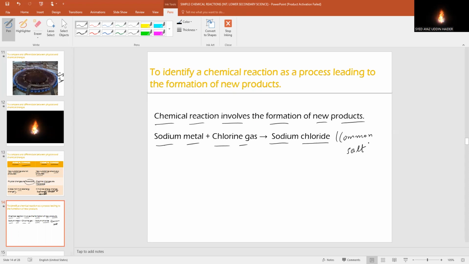You see, sodium is a metal and chlorine is a non-metal. So when these two are reacted, a new substance is produced. We are not getting a metal or non-metal. Instead, we are getting a new substance, which is actually a compound of sodium and chlorine. The compound is a new substance here.